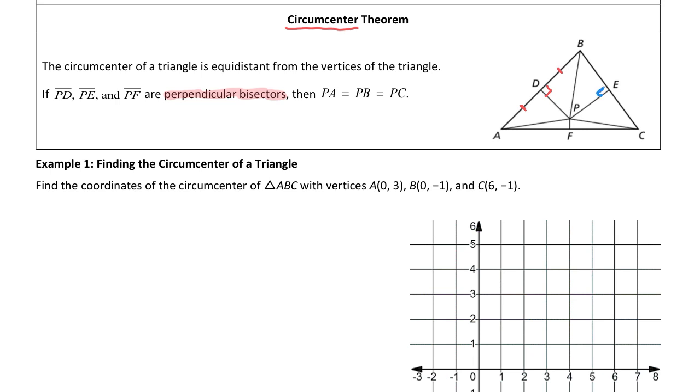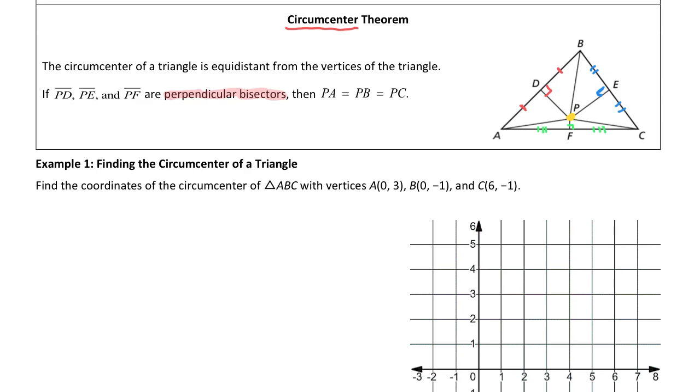It is perpendicular to this side, splits this side in half. And then PF, and it's hard to see PF, but it's a right angle and splits it in half. So if we take the perpendicular bisectors of a triangle, they meet at this point P, which is what we call the circumcenter.